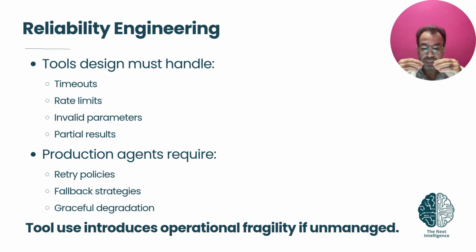Otherwise, tool use will introduce fragility, and we will see how we implement these things in our notebook afterwards. But we will keep it simple there. In a real system, reliability engineering becomes really essential. We will cover this a little bit, but you have to keep it in mind when you go to production systems.